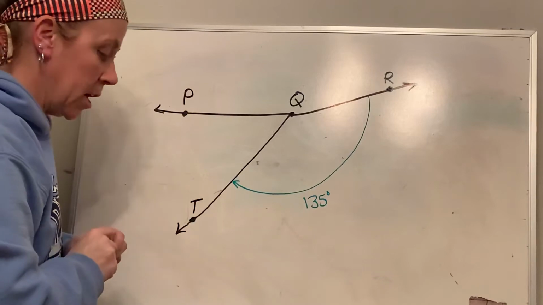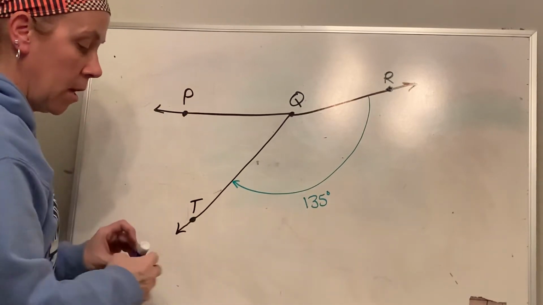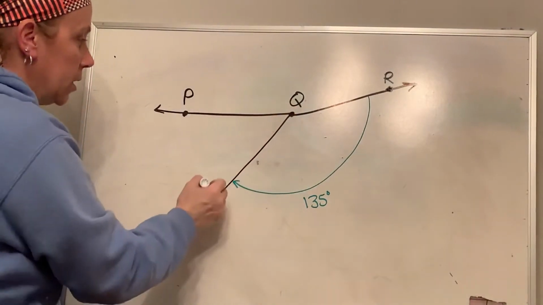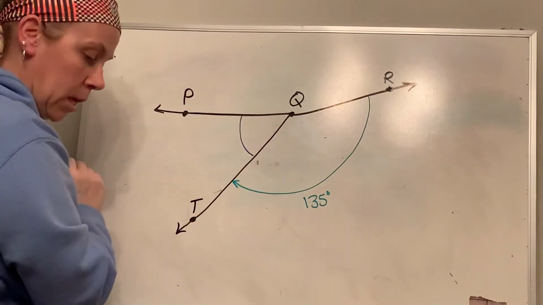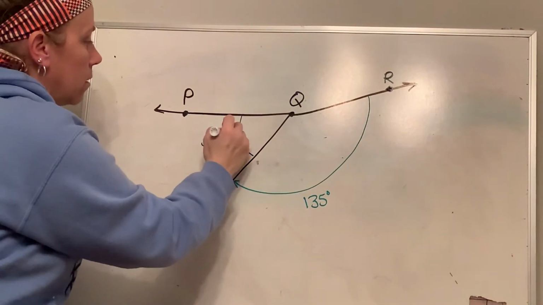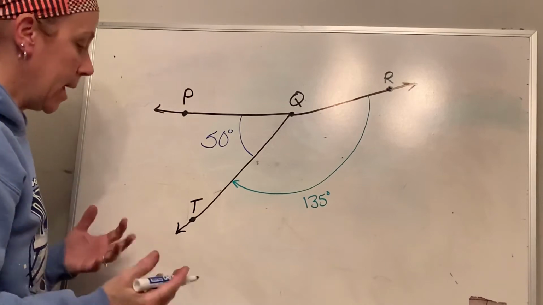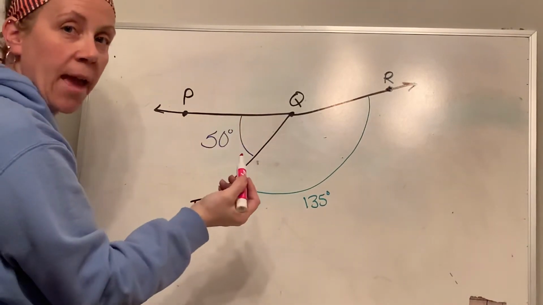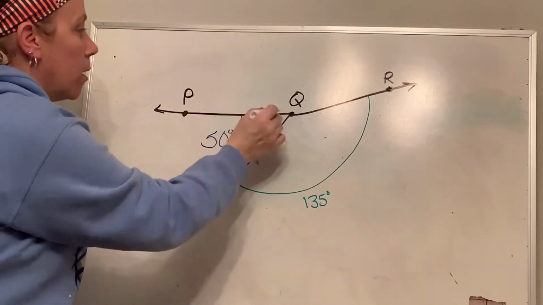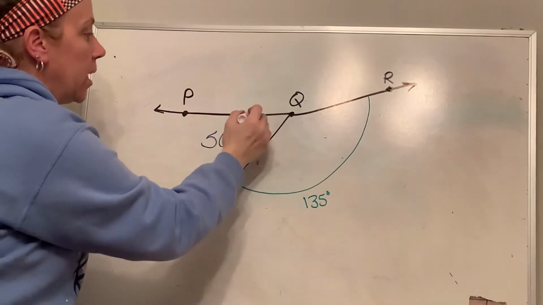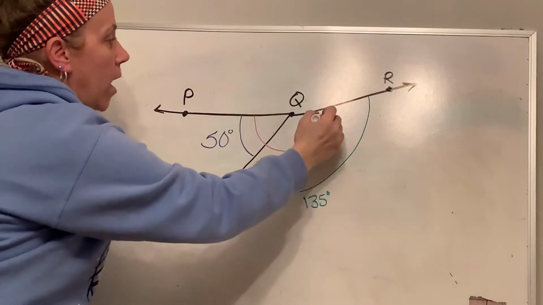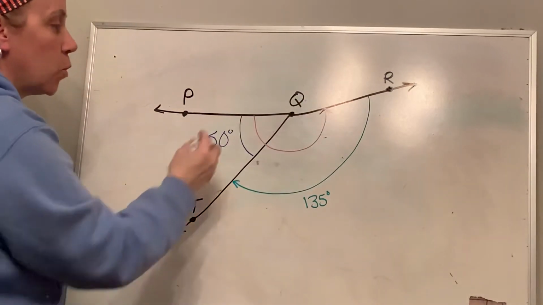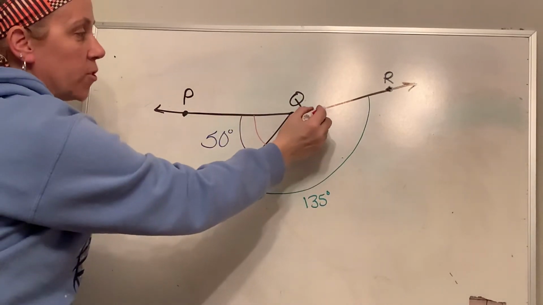And then it also tells us that angle PQT equals 50 degrees. And your workbook wants to know, what is the angle measurement from ray QP to ray QR.